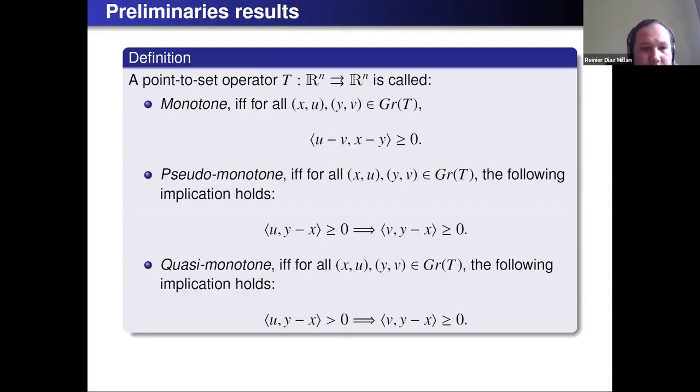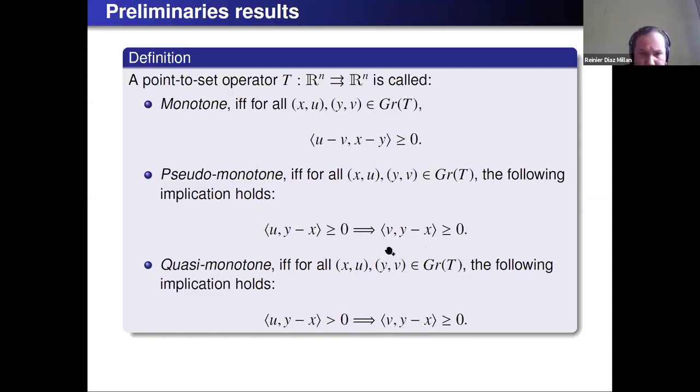I said something about pseudo-monotone operators, and I would like to define what a monotone operator is. When you take any two points on the graph of T, you will have this inequality. A pseudo-monotone operator is one where, taking two points on the graph of T, this inequality implies the second one. And quasi-monotone operators are those where this strict inequality implies this second inequality.